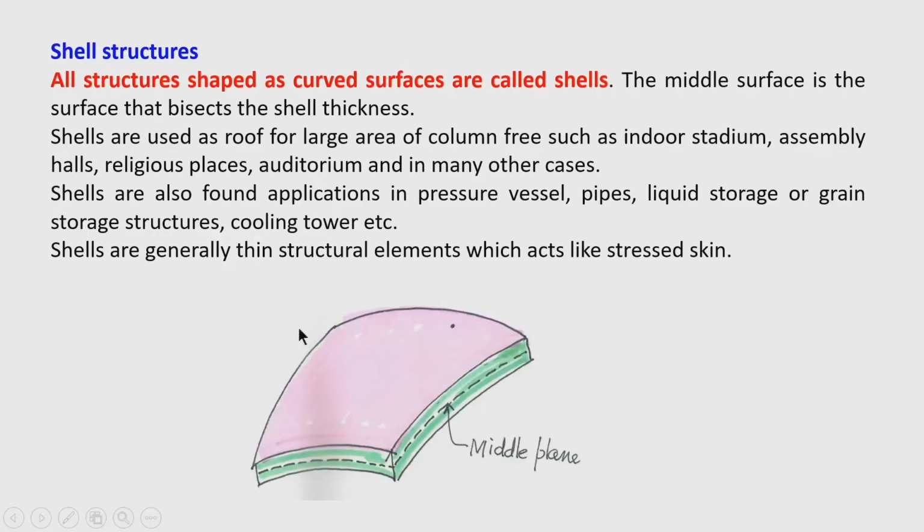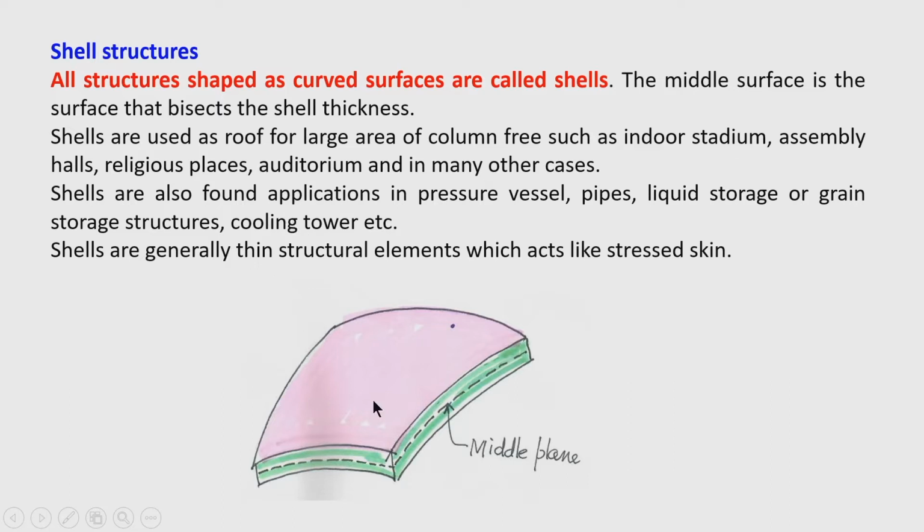Before starting the classification of shell, we first have to discuss the geometry of the shell. The shell is characterized by a curved surface, and the surface is the main geometrical element of the shell.